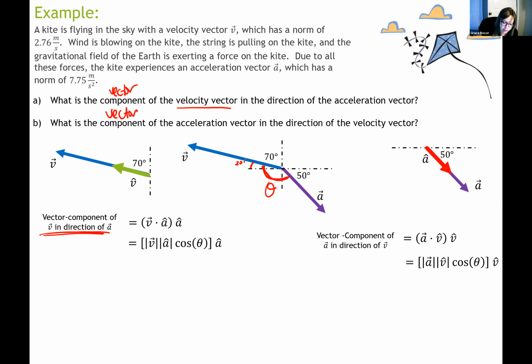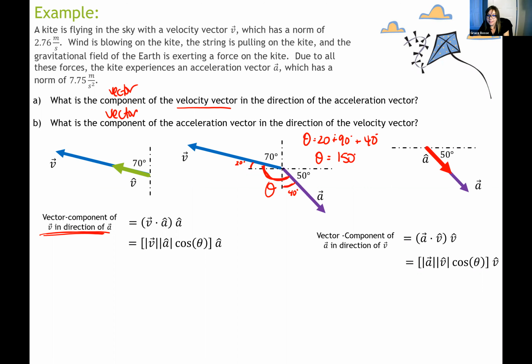Likewise, near the acceleration vector, I see one angle is defined as 50. That means that piece right there must be 40, because 50 plus 40 adds up to 90. So angle theta is equal to 20 plus 90 plus 40 degrees. So angle theta is actually 150 degrees.